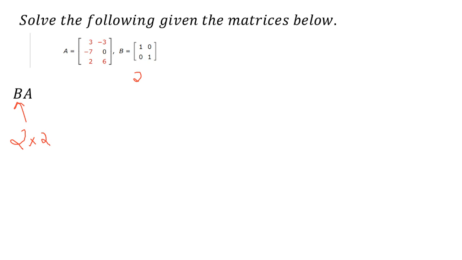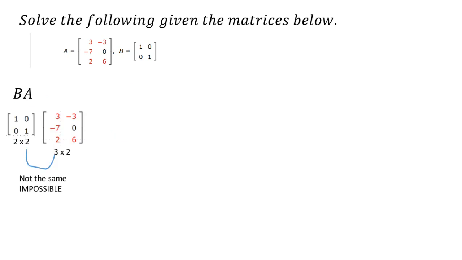Matrix A is a 3 by 2. Can I multiply these two matrices together? If you see here, these two numbers are not equal, so our answer would be impossible, it cannot be done, because they don't match.